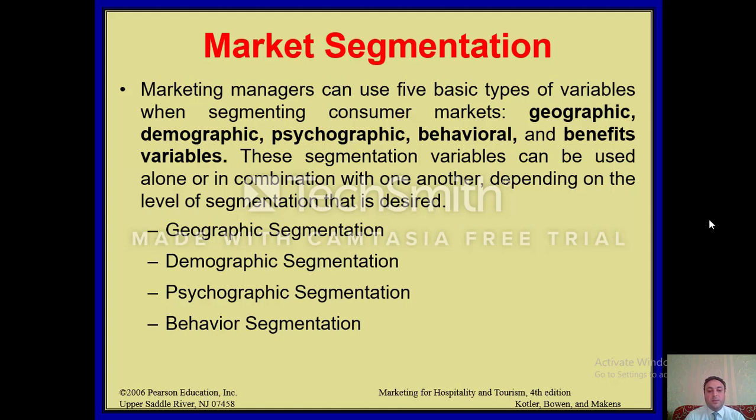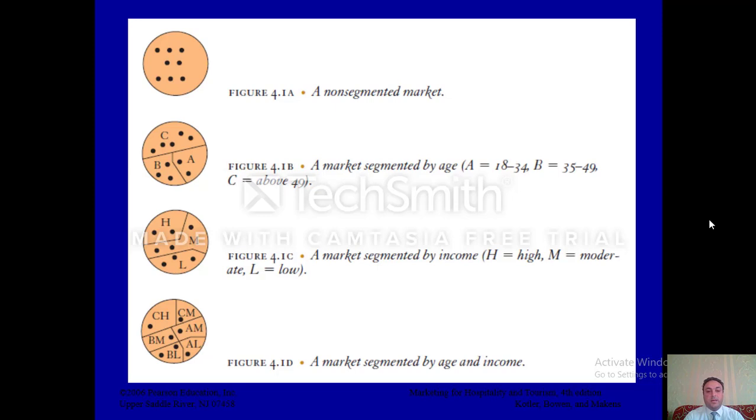industry. So marketing managers can use five basic types of variables when segmenting the consumer markets. How can we make this segmentation after we understand the concept? There is geographic segmentation, demographic segmentation, psychographic segmentation, and behavior segmentation. We can see here, for example, these figures.